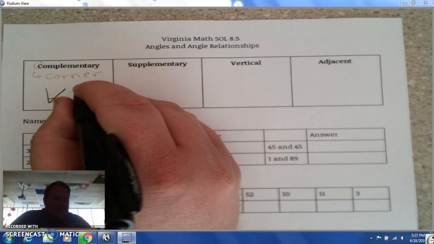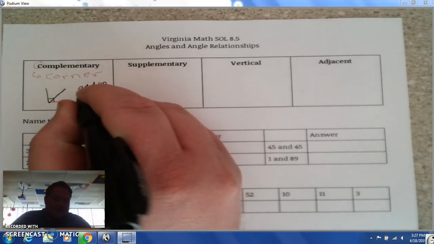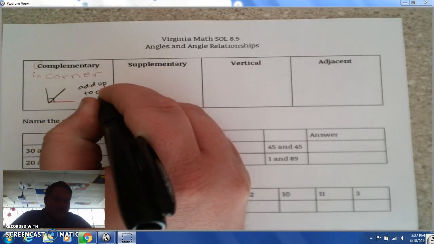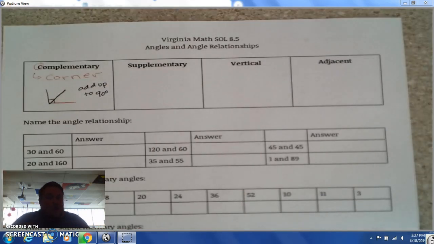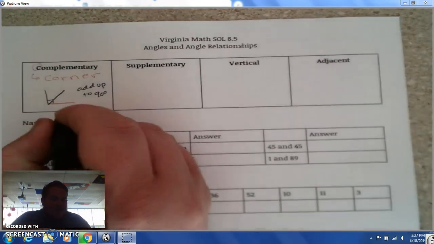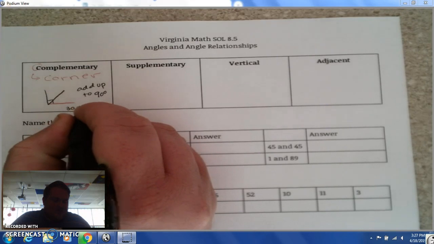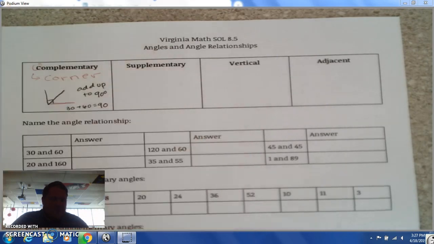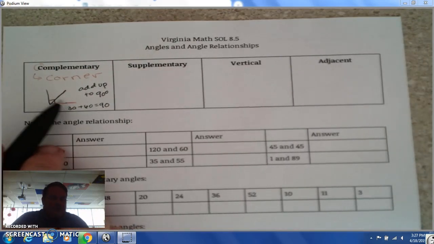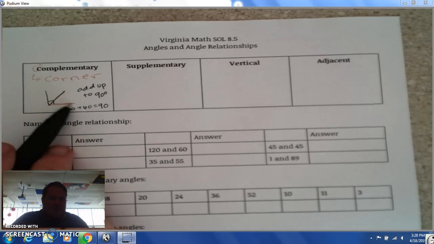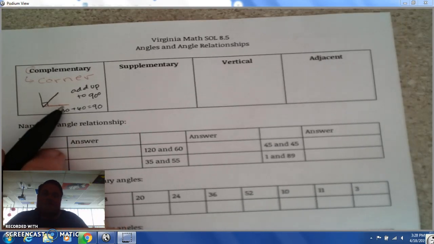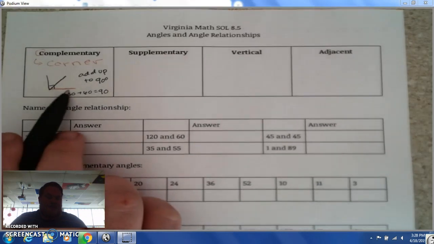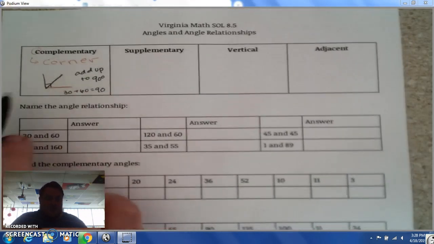So they add up to 90 degrees. Again, there are two angles that will add up to 90 degrees, like 30 plus 60 equals 90. They won't always be drawn like that to make a sharp L, sharp corner. Sometimes they'll give you the angle length, like 30 and 60, or two different angles.